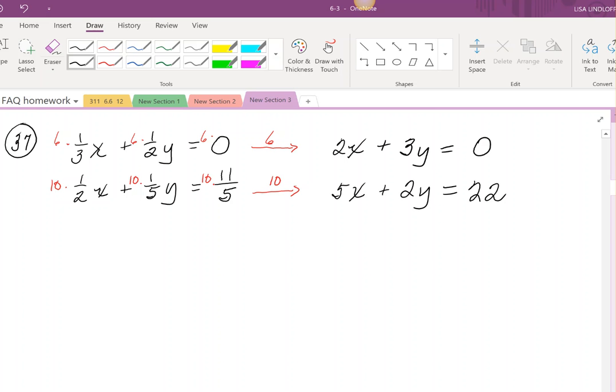Now, somebody could argue that maybe that was an extra step that you didn't have to do because you're going to have to multiply again. I think it just makes a little bit more sense. It's a little bit easier to look at. Your teacher might or might not agree with me.